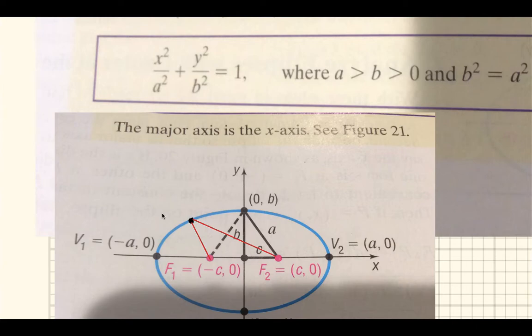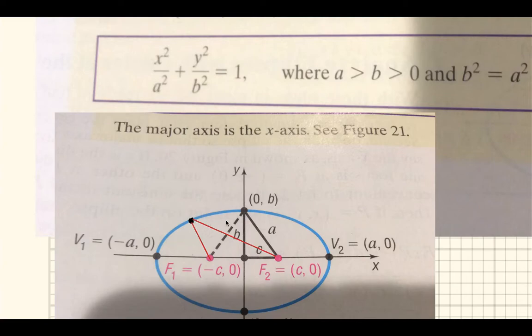How it works in an ellipse is that the sum of these two red lines is the same as the sum of these two, this dotted line here and this line. Let me just double check to make sure I'm saying the correct thing. An ellipse is the collection of all points in a plane, the sum of whose distances from two fixed points, called the foci, is constant. So that's exactly what I just said.